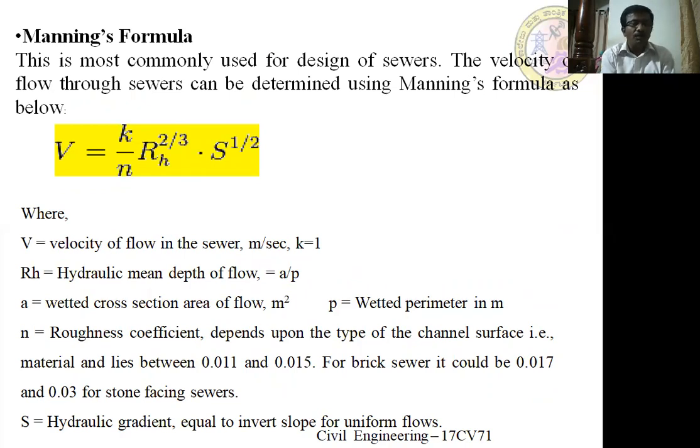R is the hydraulic mean depth equals A by P, where A is the wetted cross-sectional area of flow in meter square and P is the wetted perimeter in meters. n is the roughness coefficient depending upon the type of channel surface or sewer material used and lies between 0.011 and 0.015. For brick sewer it would be 0.017, and 0.03 for stone facing sewer. It mainly depends upon the type of material used as well as depth. S is the hydraulic gradient equal to invert slope for uniform flow.